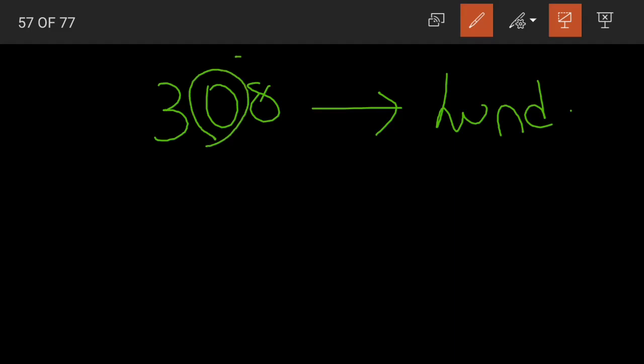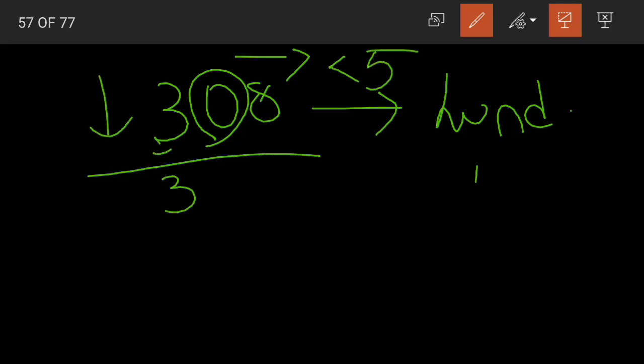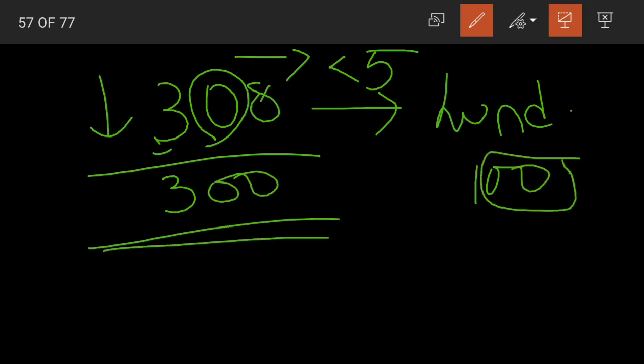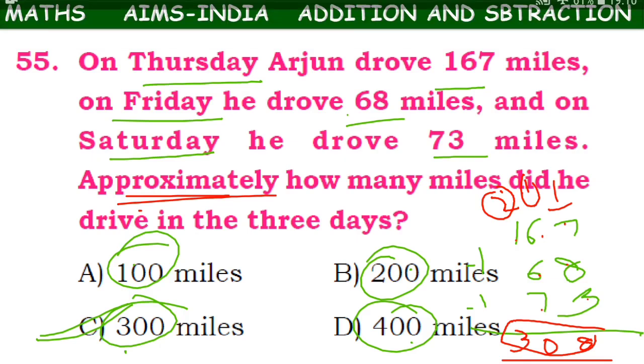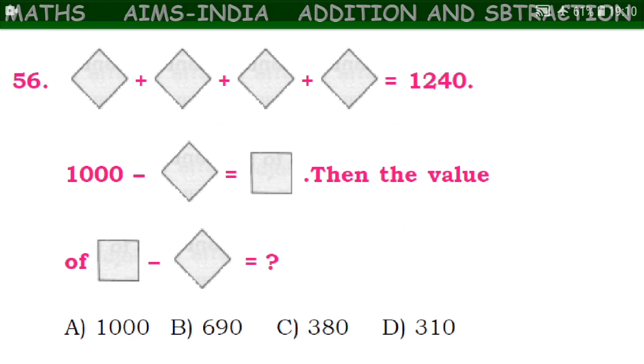So we need to approximate 308 to the nearest hundred. Now look at the digit in the tens place. It is 0, which is less than 5, so we round down. 3 is written as it is, and in 100 we have 2 zeros, so we write 2 zeros. So 308 becomes 300. What is the correct answer, children? Option C, 300 miles. I hope this was clear. Coming to question number 56.